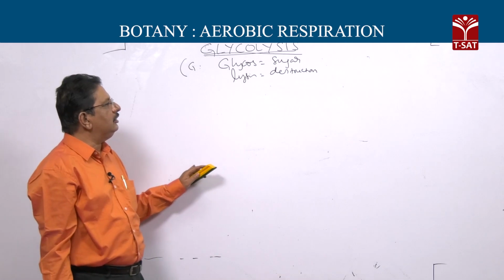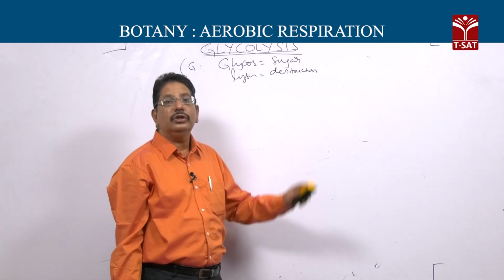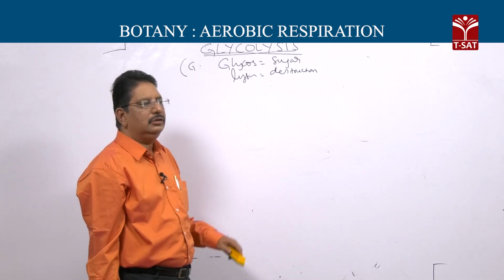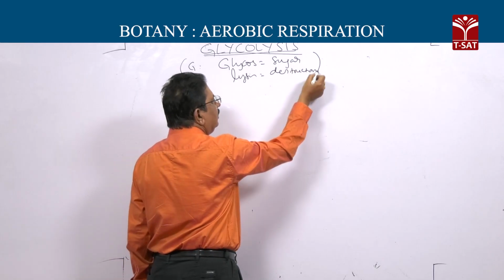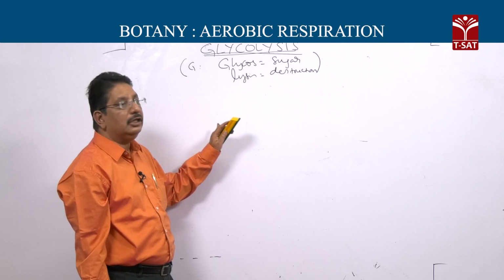So, by combining these two words, glycolysis is a process where a sugar is destroyed or broken down. So, the breaking of sugar takes place during the first step called glycolysis.